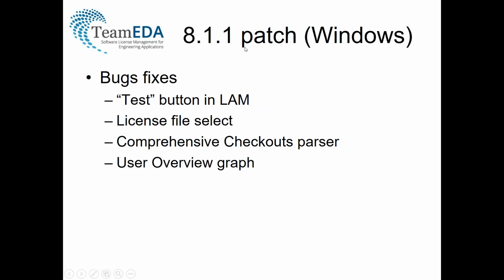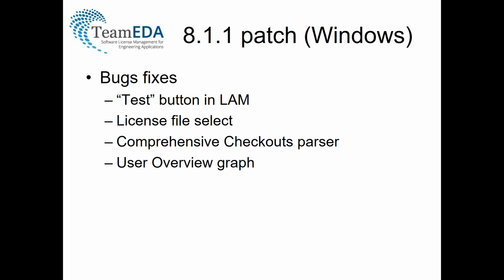There is a patch for 8.1. We did find a few bugs. The test button in LAM, where you put in a log file path when you're entering a new license, is there to see if the path works.